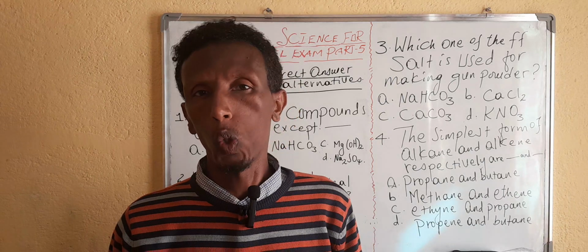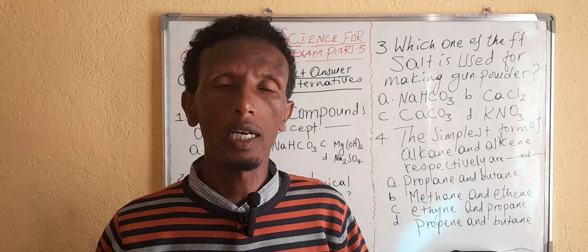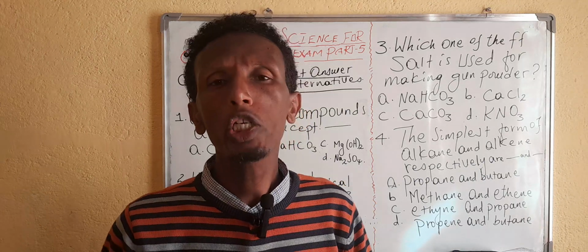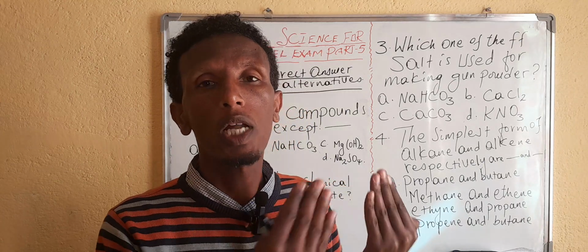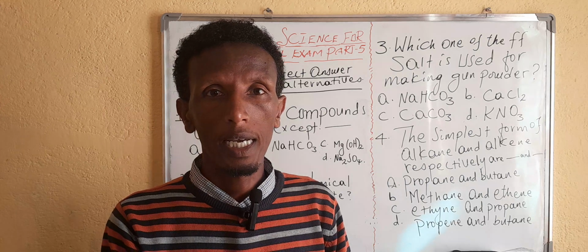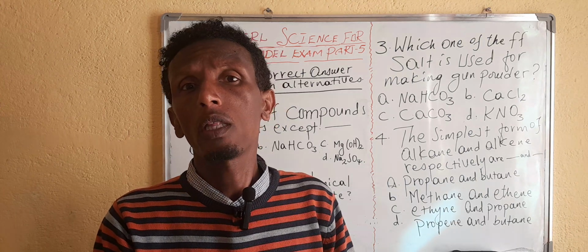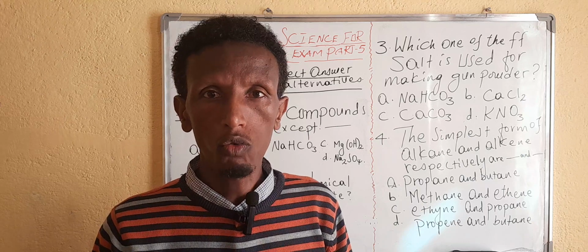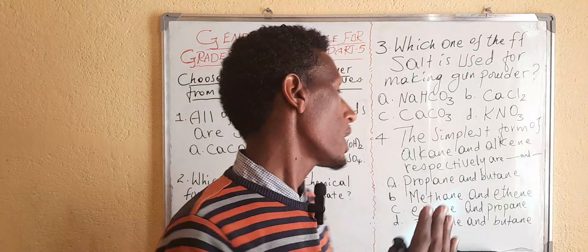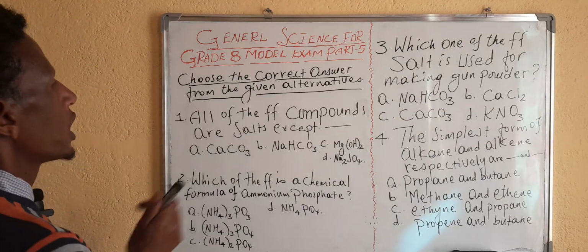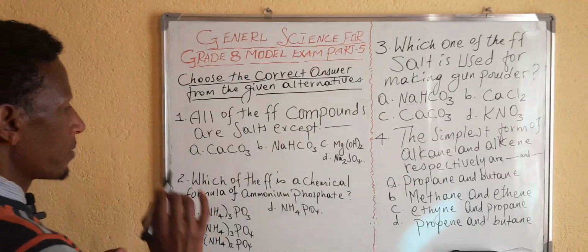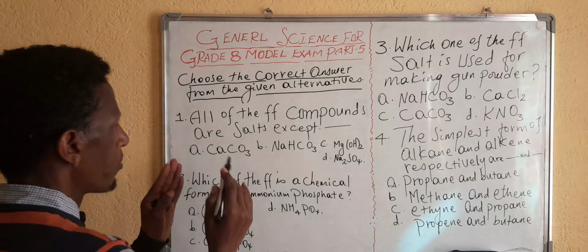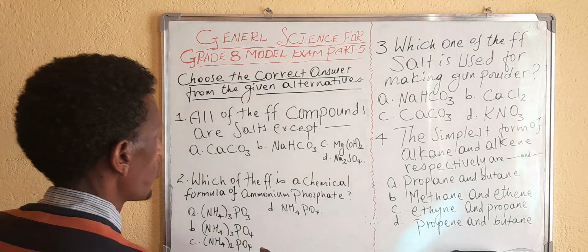And salt is also a type of inorganic compound which can be formed from the reaction between acid and base. And the reaction between acid and base is known as neutralization reaction. Okay, so let us see by taking one acid and one base, right?